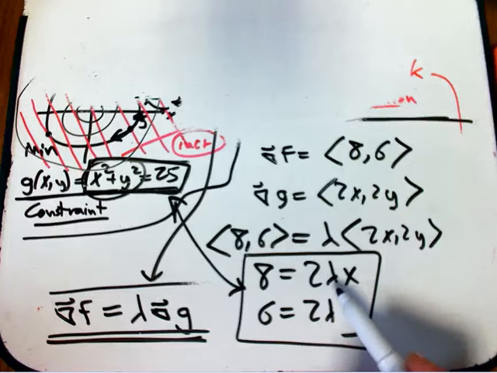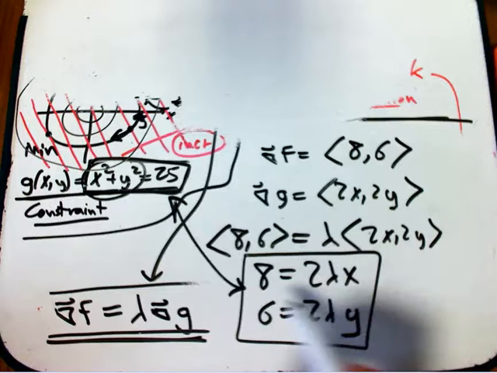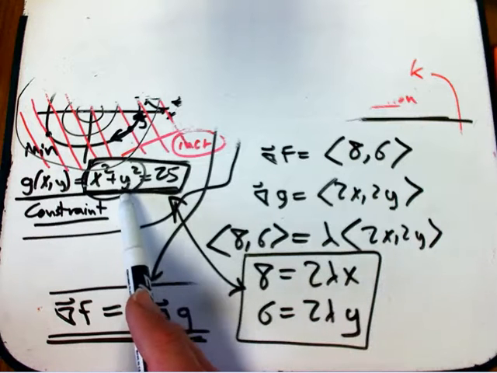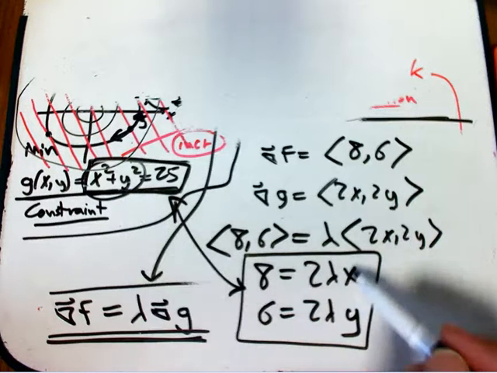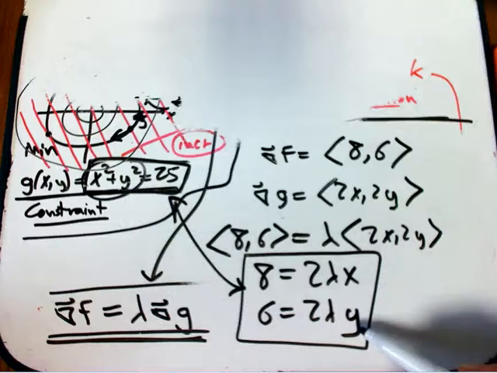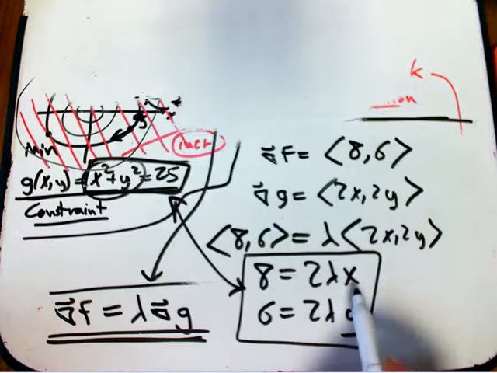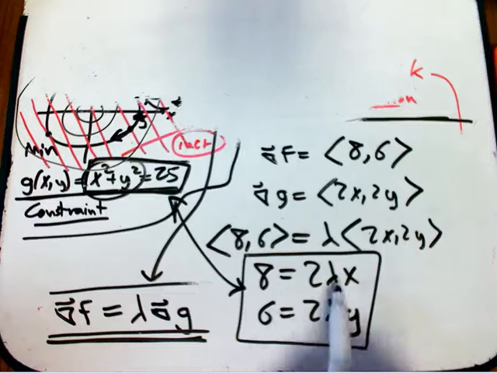And one way you can do that is sort of isolate the lambda and use that as a tool to figure out what's going on with x and y, or you could use lambda to relate these two equations to each other. I would say probably your best bet here is just to try to get these equations to talk to each other right now.